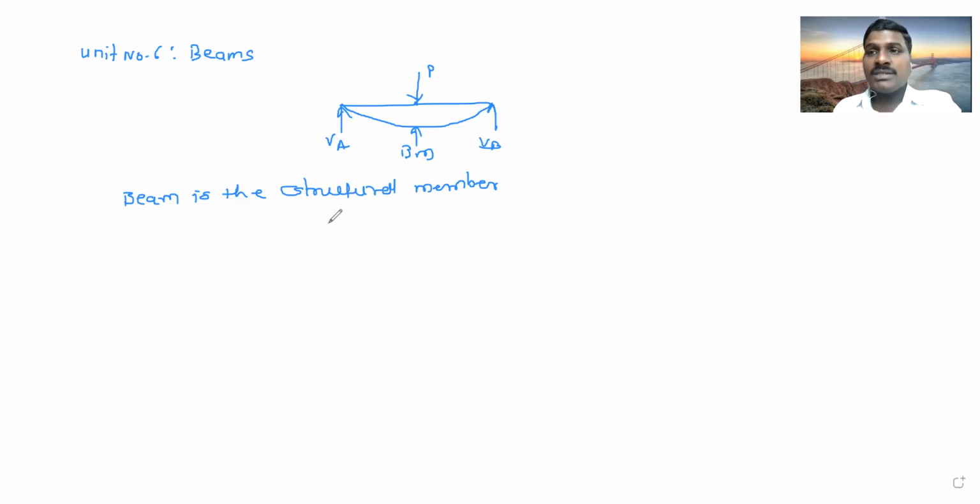So structural means the member under loading condition. The load is coming on that member, and due to that load there may be shear forces, bending moment, deflection, yielding, whatever failure criteria will be developed, due to the load only. So structural means it is under the loading condition.